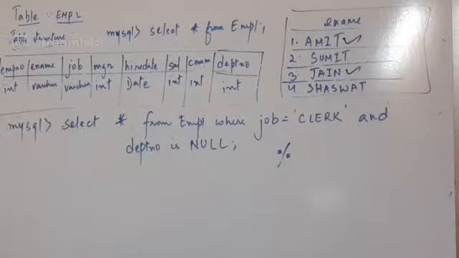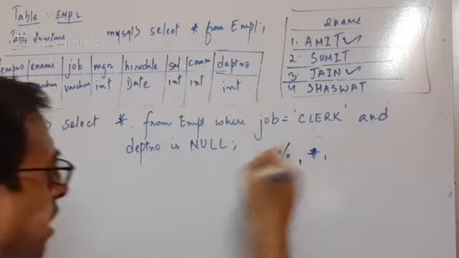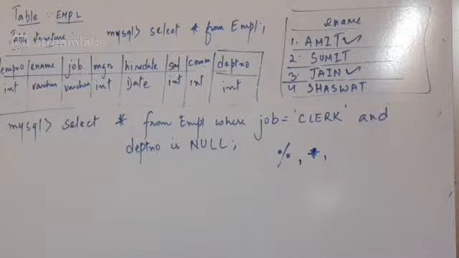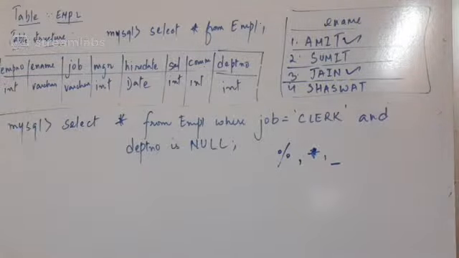Your asterisk sign is also an example of a wildcard character. Apart from that, one more wildcard character is the underscore. When you need to focus on exactly the number of characters, you have to use this underscore as the condition in the criteria.